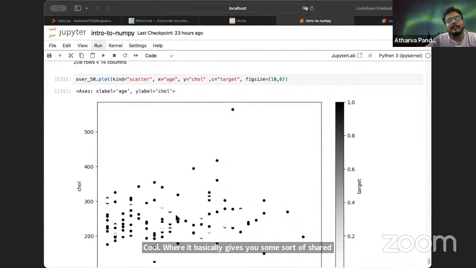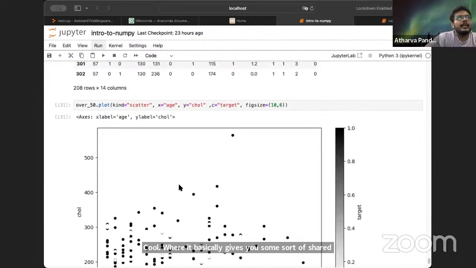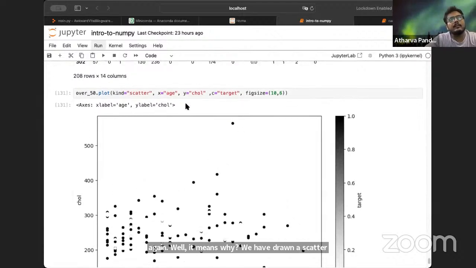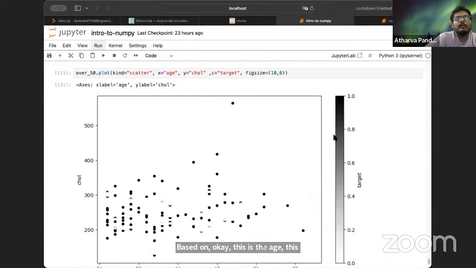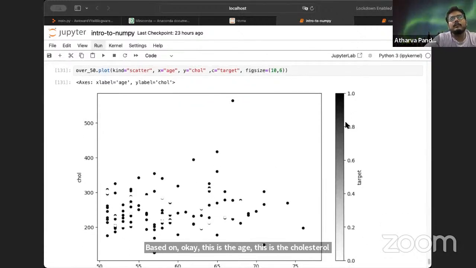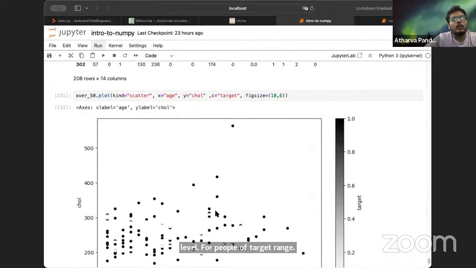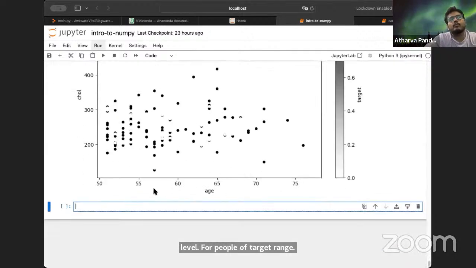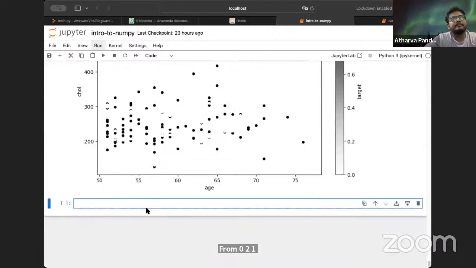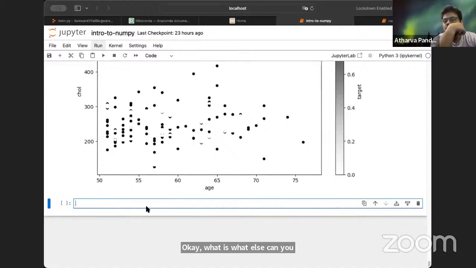We have drawn a scatter graph based on age and cholesterol level for people of target range from 0 to 1. What else can we do?